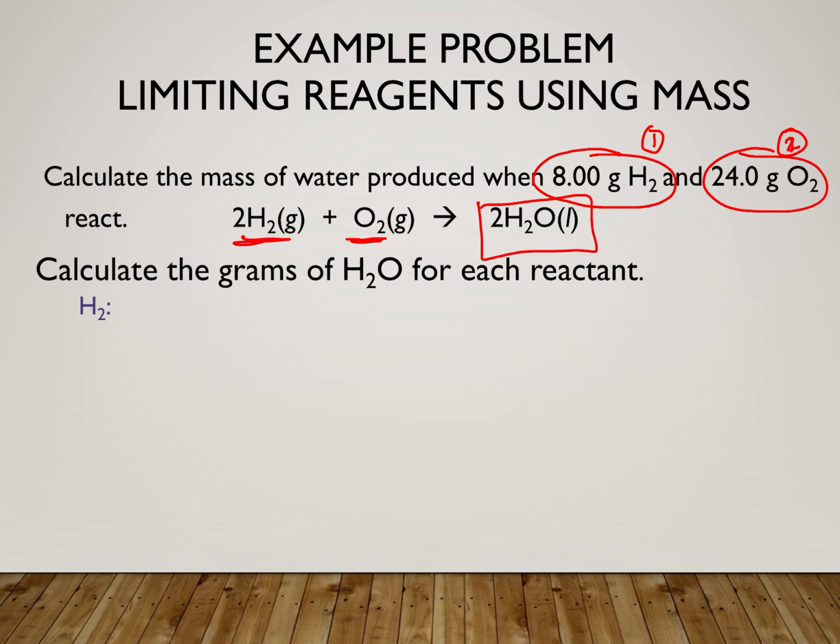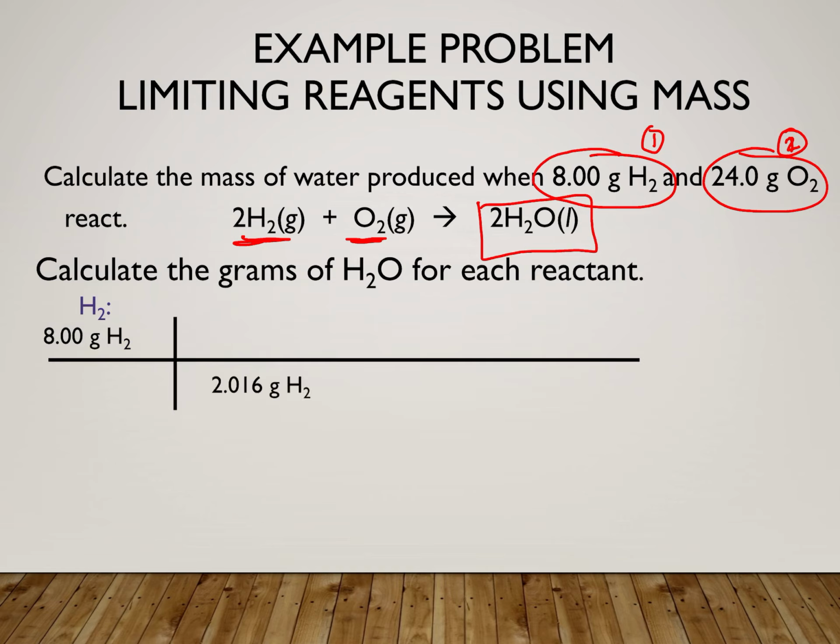So here we go. If we had H2, we'll take it all the way through. We have our 8 grams of hydrogen. We're going to change our grams of hydrogen into moles of hydrogen using the molar mass. And then once we get moles of hydrogen, we can use our mole ratio to go from moles of hydrogen to moles of water.